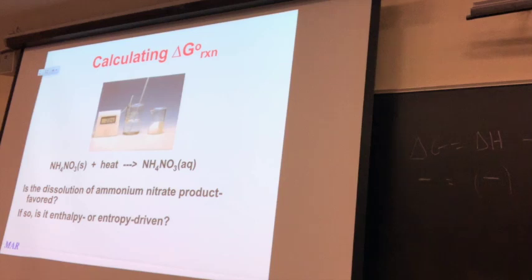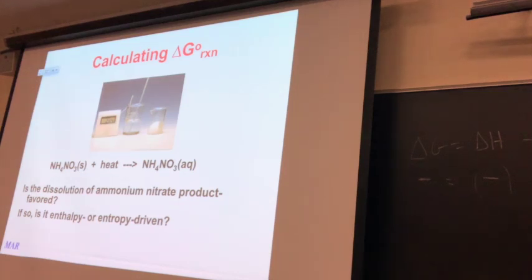So let's go back to our ammonium nitrate example. Ammonium nitrate as a solid, when you place it in water, does dissolve. It's endothermic. It takes energy to happen. Now, if it takes energy to make the solid dissolve, what is the sign of delta H? Positive. Well done.